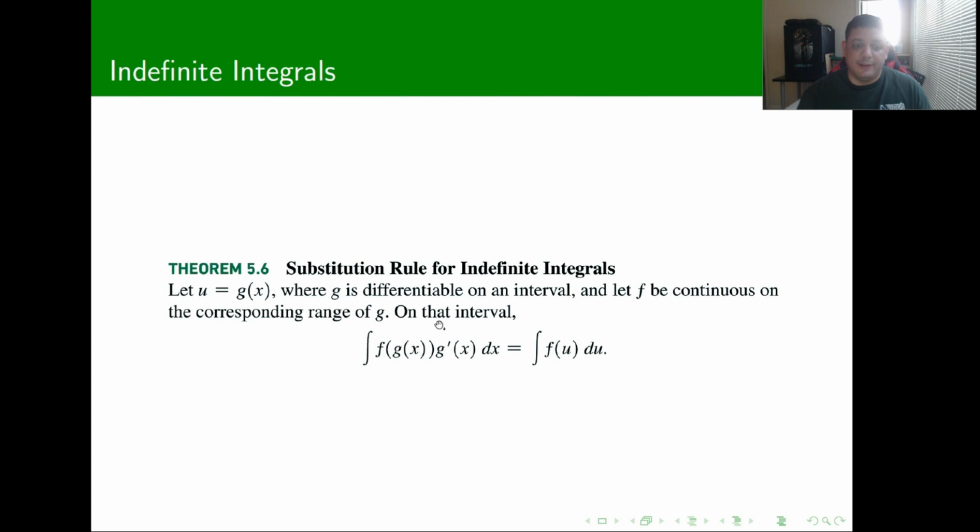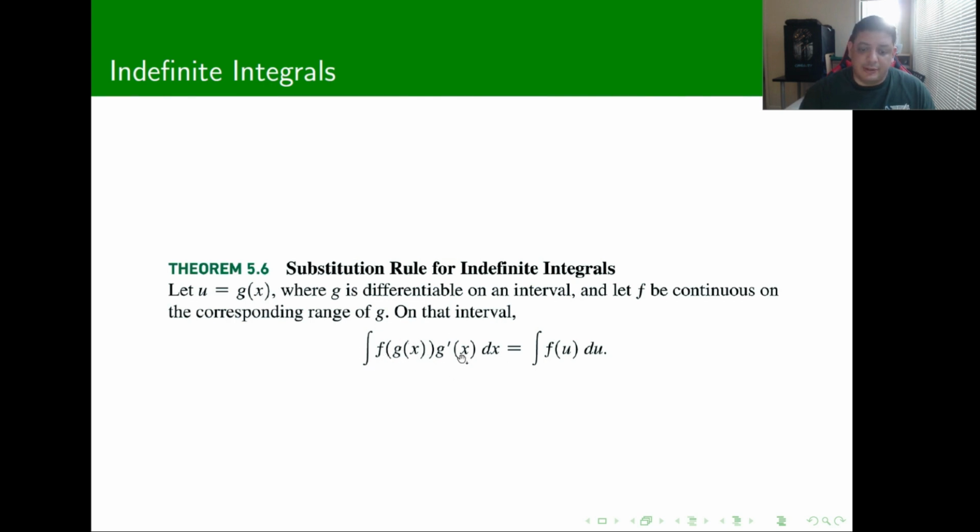We're going to have a continuous function f, and we're going to see that we have some sort of composition inside with a function g of x, and nearby we're going to have the derivative g prime. So if we make u equal to g of x, then we can make the transition from the integral being in terms of the variable x to the variable u.